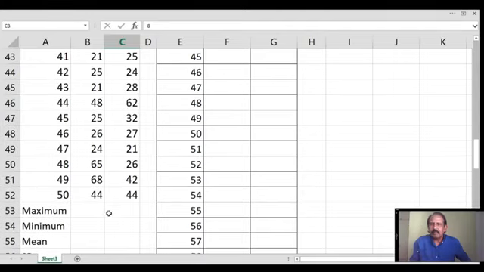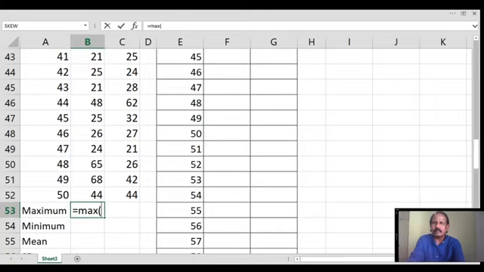Here friends, we have to find the maximum score, the highest score out of the entire data set. For that we will write equal, then MAX, max stands for maximum, and then the data range of the entire data. For converting the raw scores, we have to find the highest score out of the entire data set.